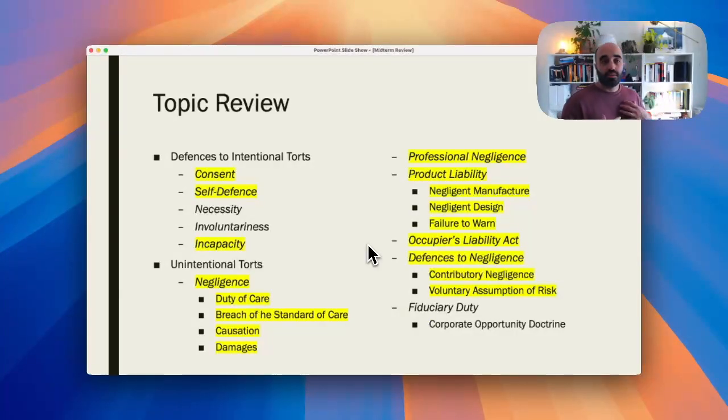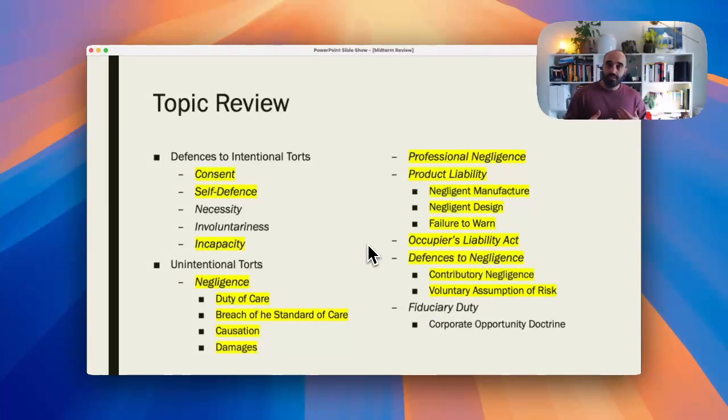And this test is concerned with the proximity between the parties and whether or not that closeness creates foreseeability that if the defendant does something that is careless, again, we don't care about the specifics of the case yet, something that is careless, that that could potentially cause harm to someone like the plaintiff.